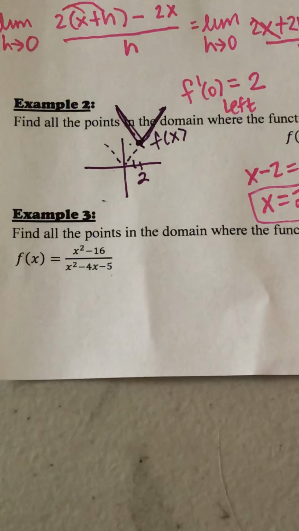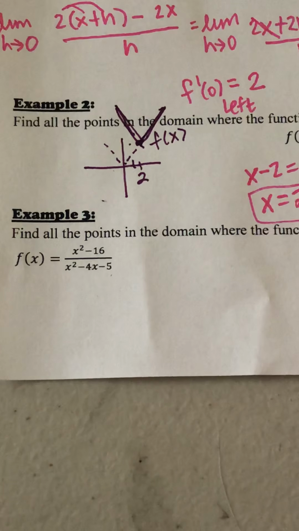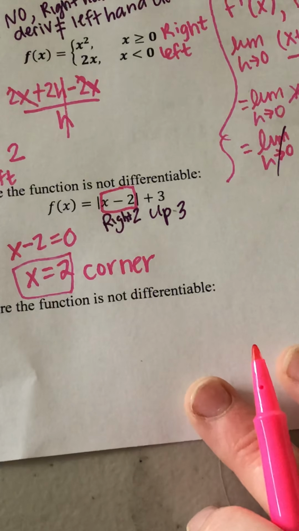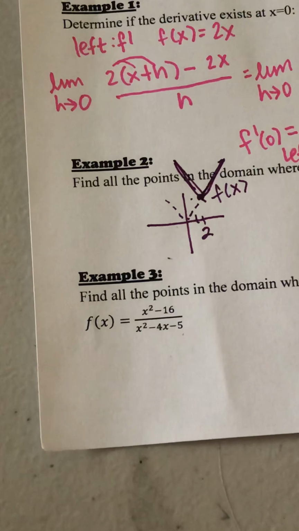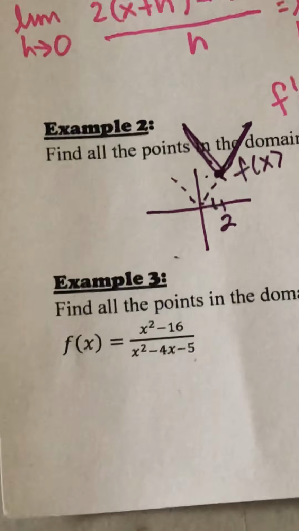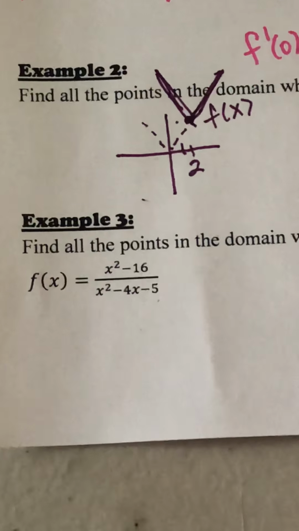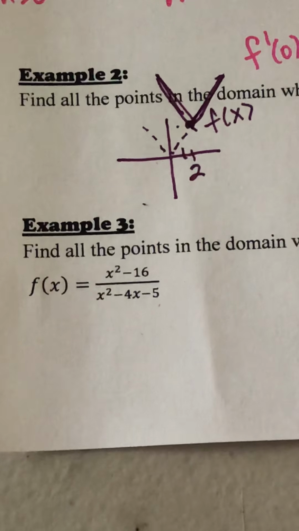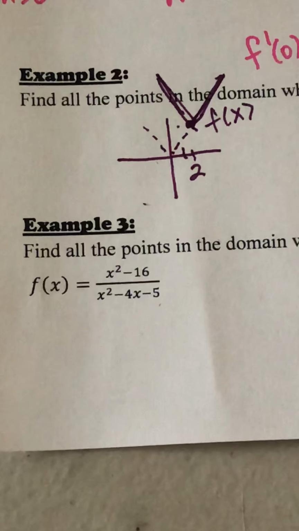Next one: find all points in the domain for which the function is not differentiable. This goes back to our discontinuity, which we've talked about. So basically where a vertical asymptote or a removable discontinuity would be.